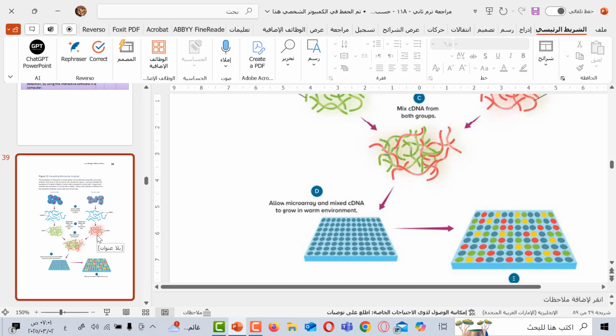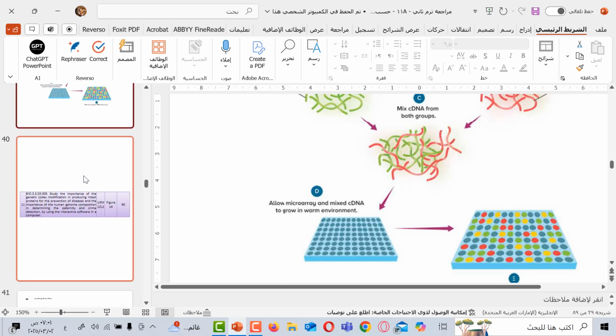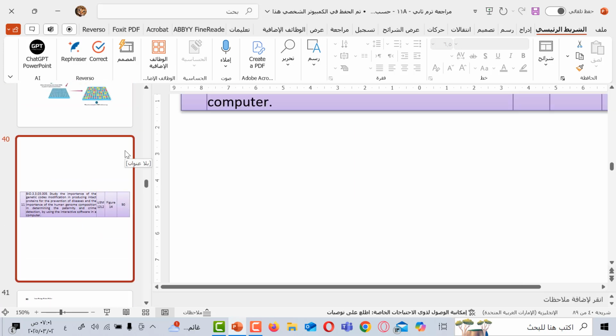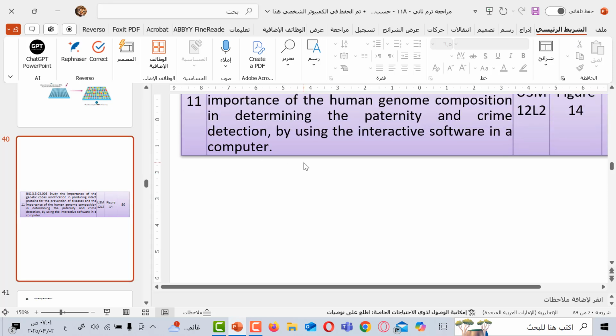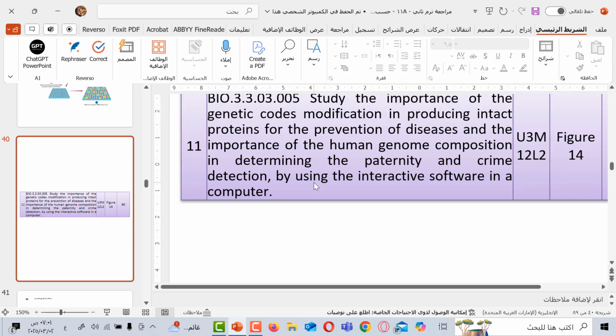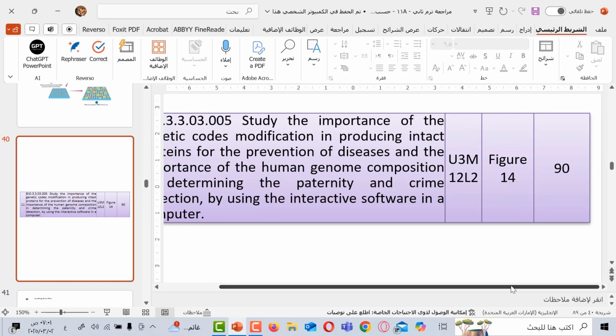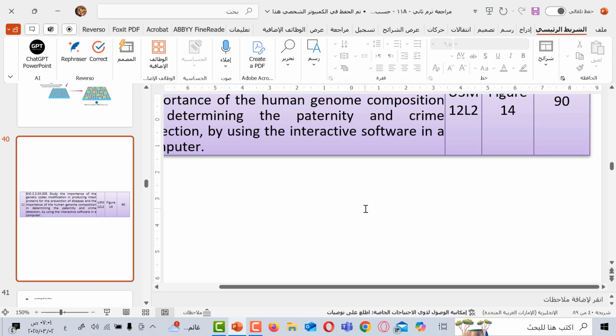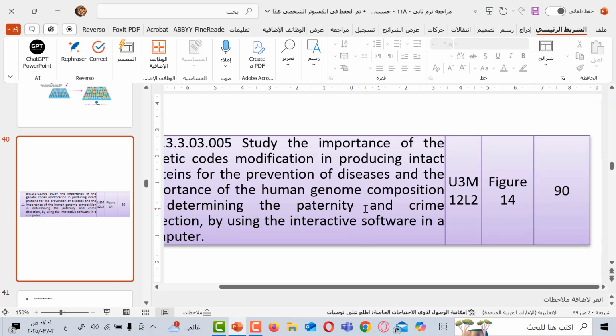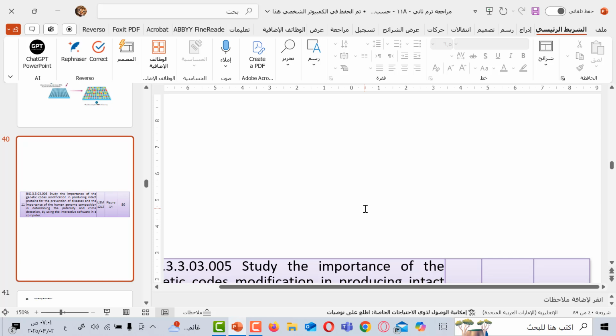Okay, let us see another question, because I didn't have a question about this one from last years. Figure number 11, question number 11 and figure 15, picture number 90. I remember it now.